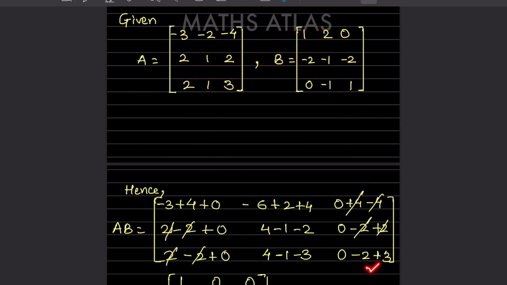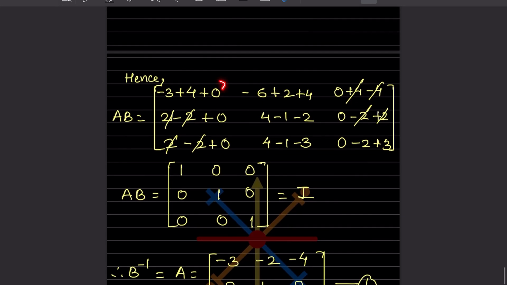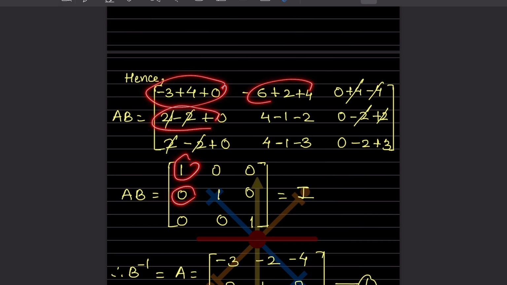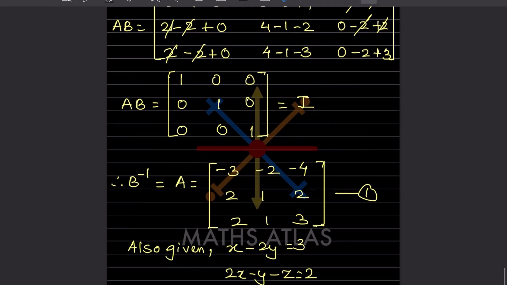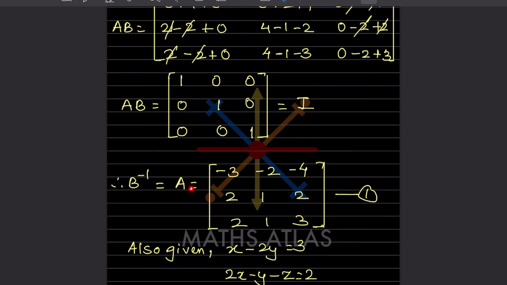Sorry, yeah, this is correct. When you solve this, you just add and you get this matrix. So this is nothing but the 3 by 3 identity matrix. So what do we write here? AB is nothing but I. So now B inverse is A. So this is the matrix, and this is equation number 1.